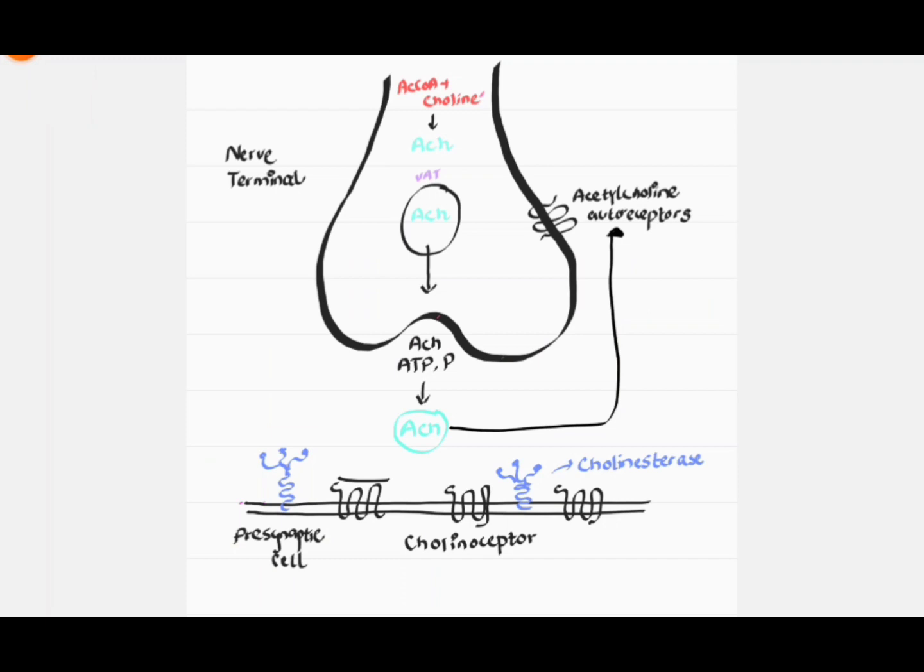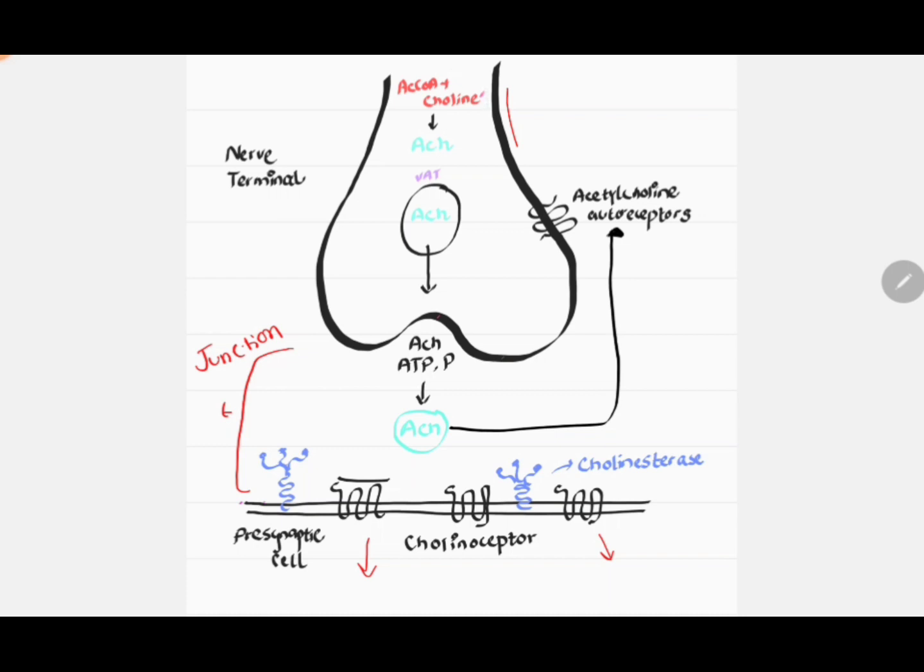This is a very simple illustration of a synaptic junction in which the black line indicates a nerve terminal. This area is the junction, and these are the cholinergic receptors. Now, the production of acetylcholine happens inside the nerve terminal.